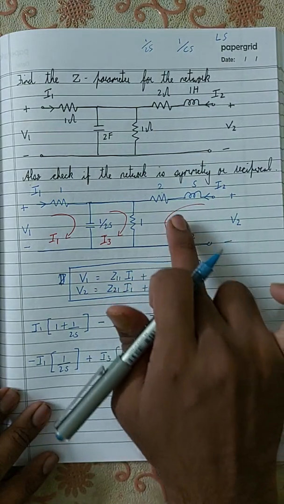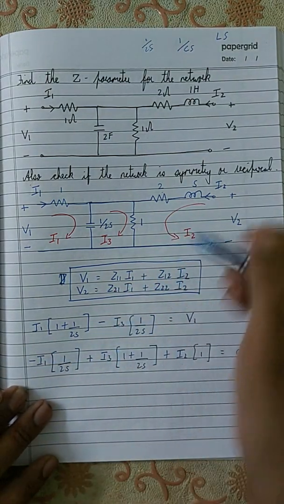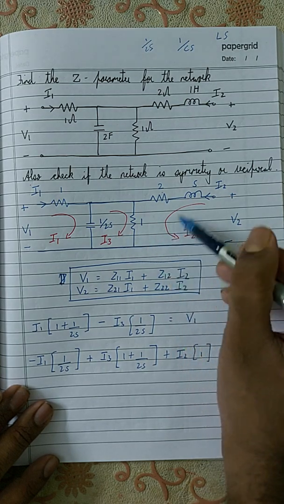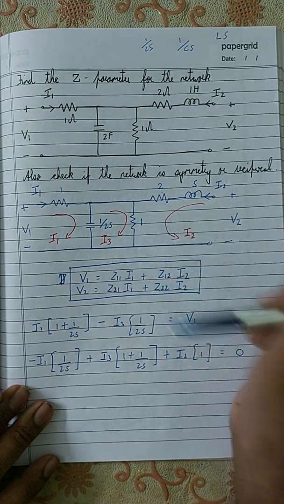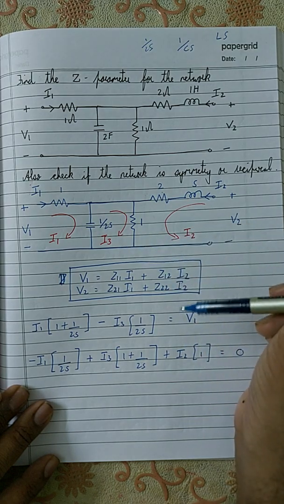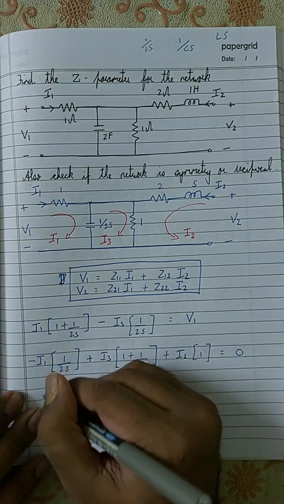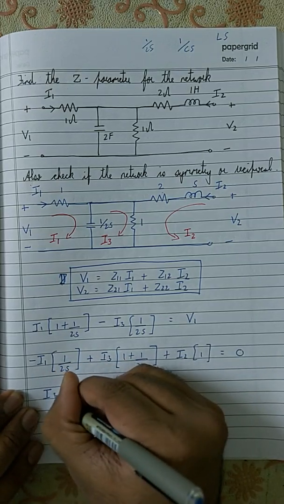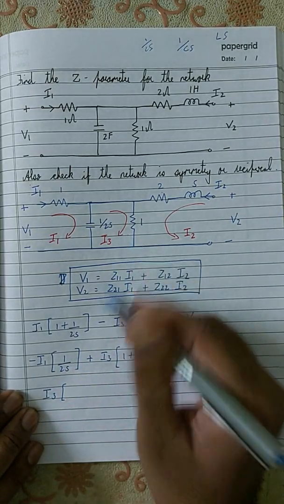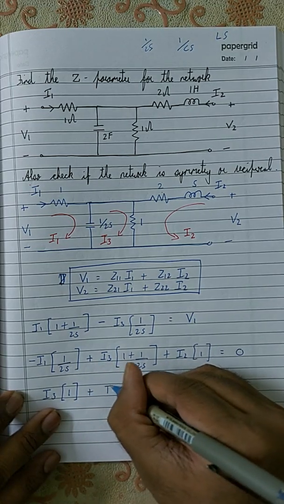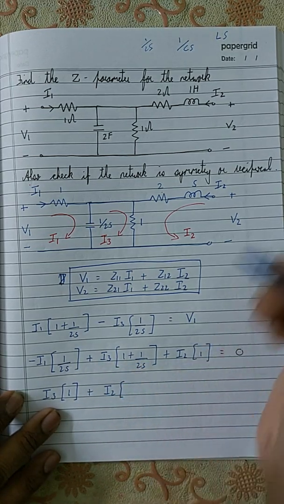Now the mesh equation for this one: as you can see here, there is only I3 and I2 over here, right? And I3 is touching only this element, and also I3 is positive because I3 and I2 are both going downwards, in the same direction. So I3 into 1 plus I2 into, and what about I2?